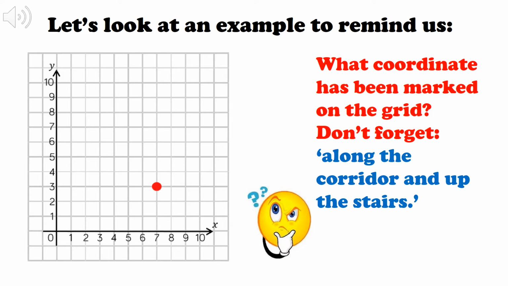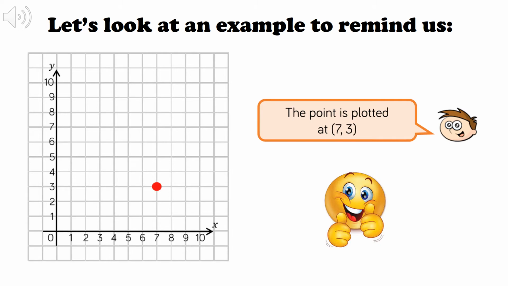The x-axis goes horizontally and the y-axis goes vertically. I want you to look at the red dot and write down the coordinate in your book. Well done, remembering to use along the corridor and up the stairs. The point is plotted at 7, 3. That's the coordinate. Remember, we write 7 is the one going horizontally and the 3 shows the number vertically.